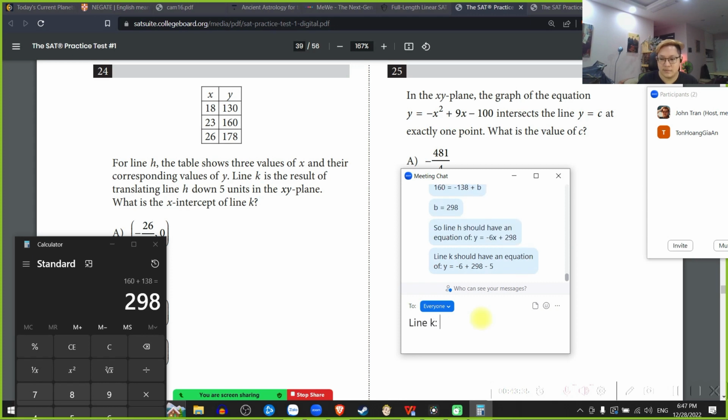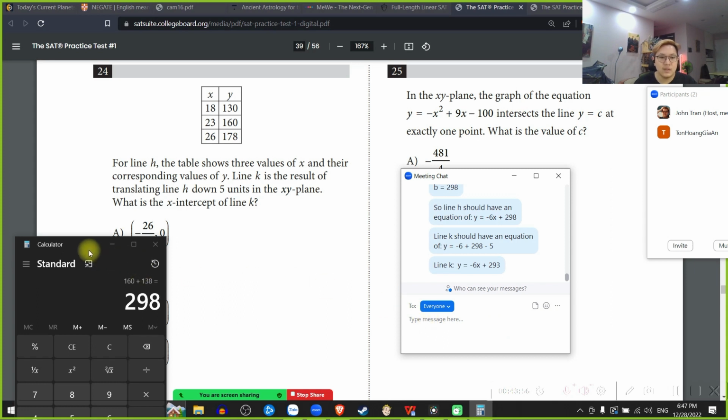I forgot the x here. Line K is y equal to minus 6x plus 293.